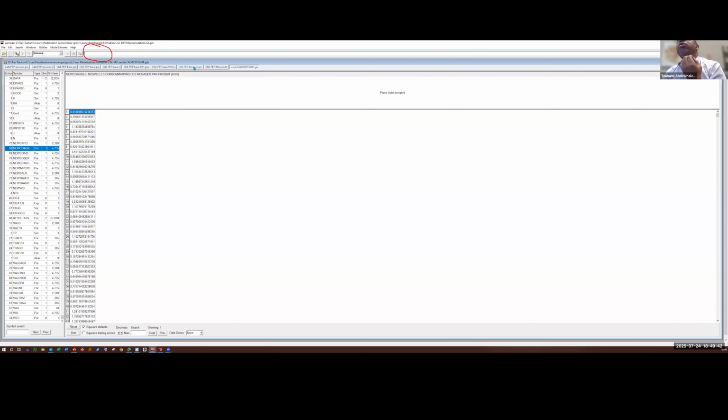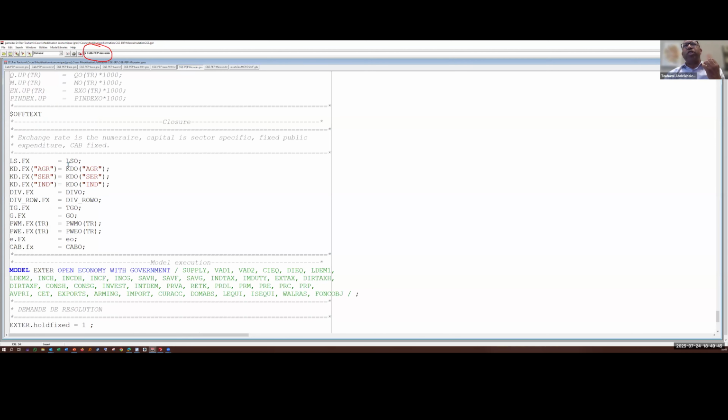Now I can do the same thing after simulation. So I can do exactly the simulation we did before, with 0.5 and here 1.1.